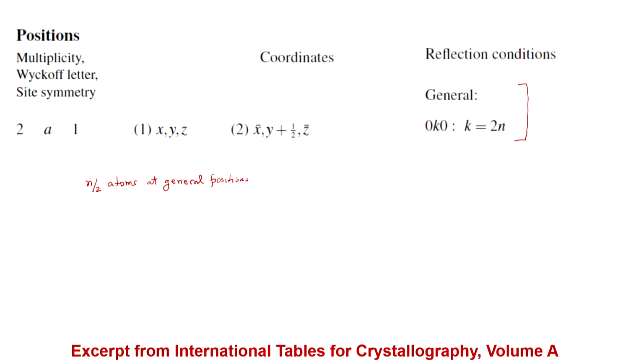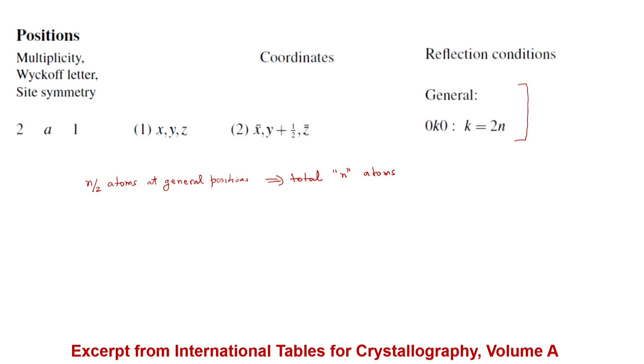And the screw axis will then generate another n by 2 atoms by the action of the symmetry element 2 sub 1. So, this will give me a total of n atoms, and all of them need not be the same. In fact, these atoms may or may not be the same, depending on what kind of structure we are dealing with.